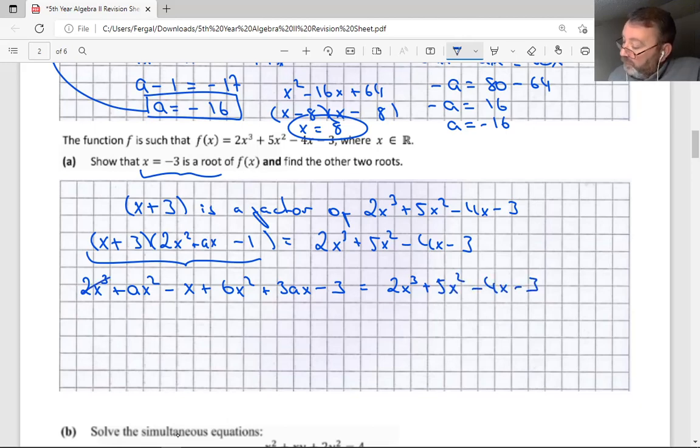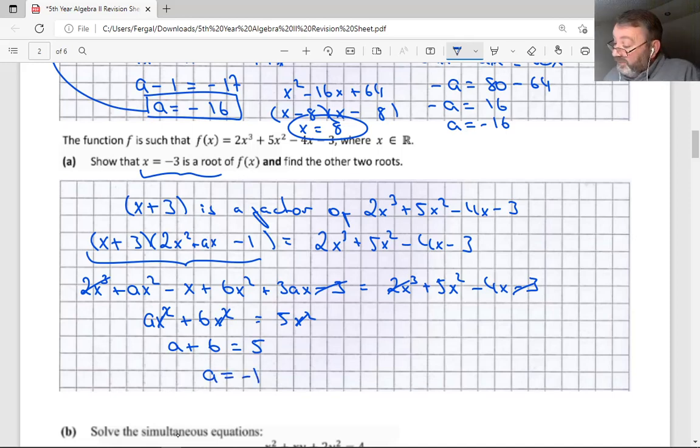So the 2x cubes tell me nothing, the minus 3 tells me nothing, so that means the x squareds and the x, that's where you're going to get your answer from. So let's take the x squareds. ax squared plus 6x squared equals 5x squared. And because they all have x squareds, you can ignore the x squared and you get a plus 6 equals 5. a must be minus 1.